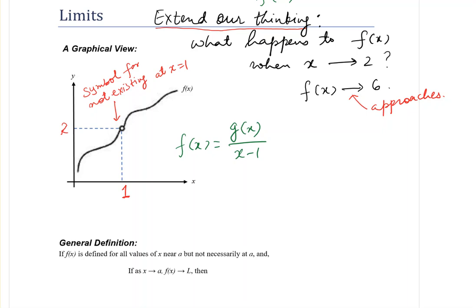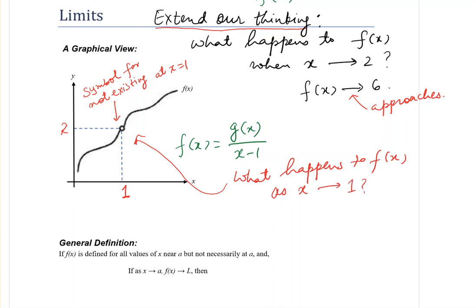Provided g(x) is non-zero, we can define this function as g(x) over x minus 1. Then the question we ask ourselves is, what happens to f(x) as x approaches 1?